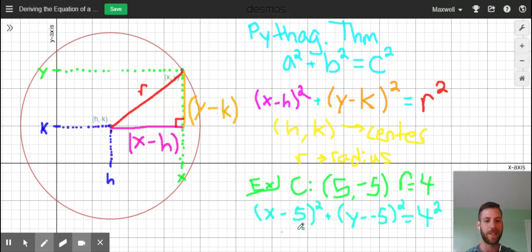And you wouldn't want to leave it like that with two negatives and also just a 4 squared.